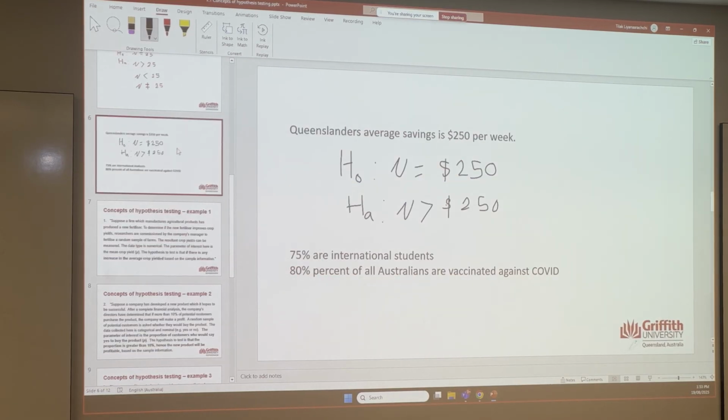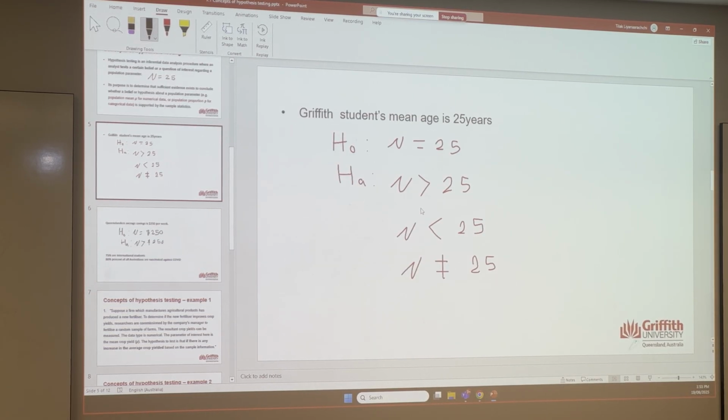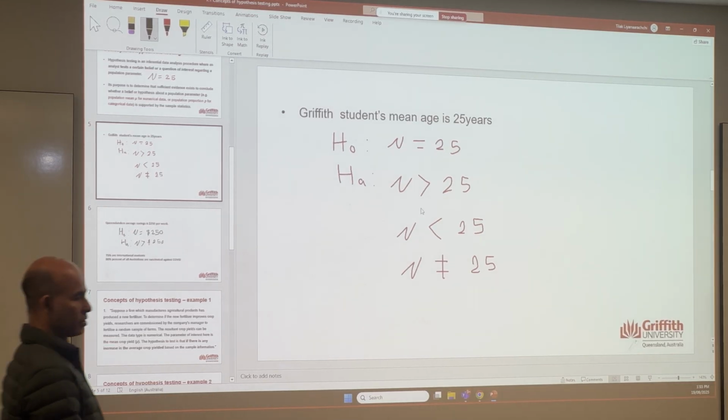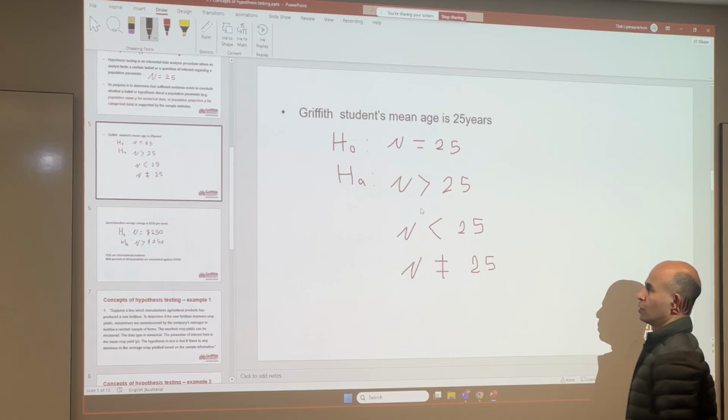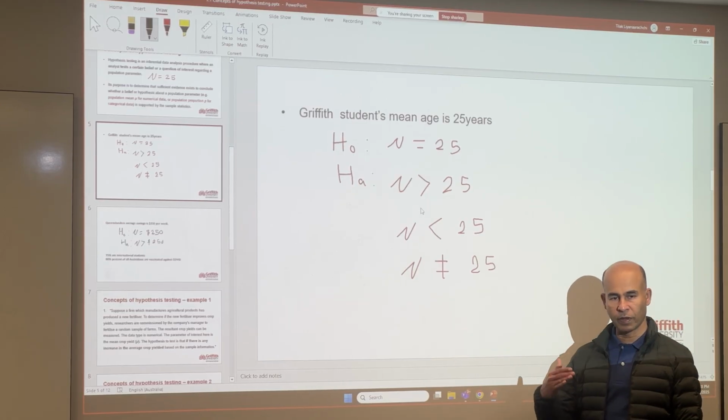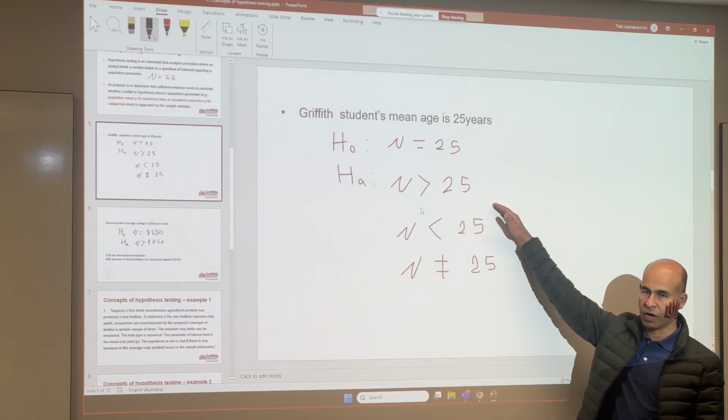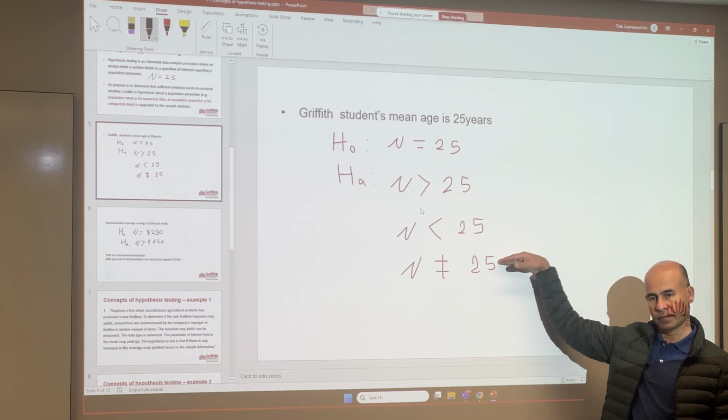There are 3 different alternative hypotheses, so your decision rule depends on which one you are using.